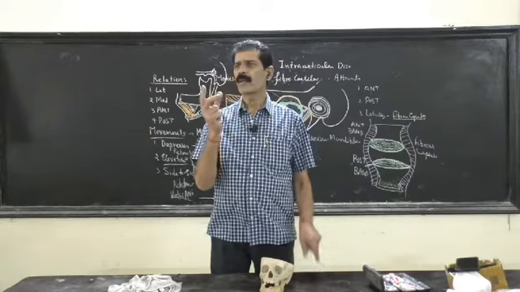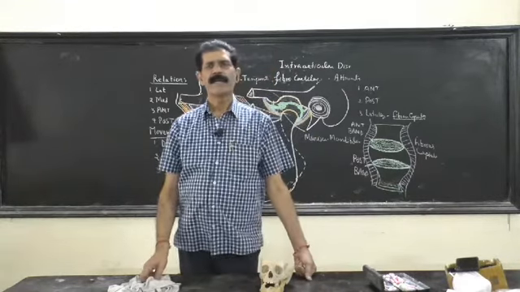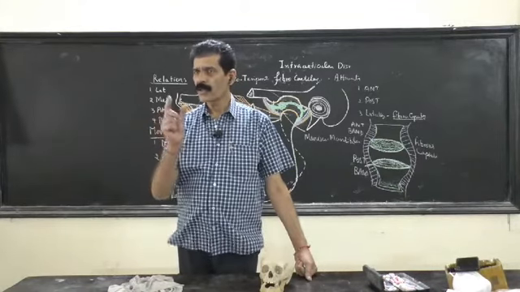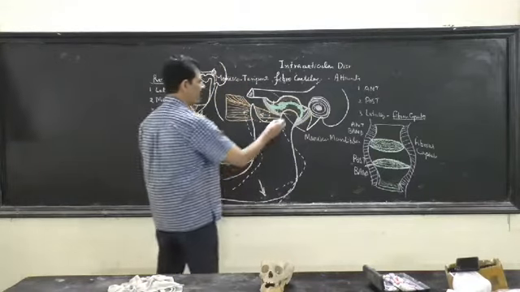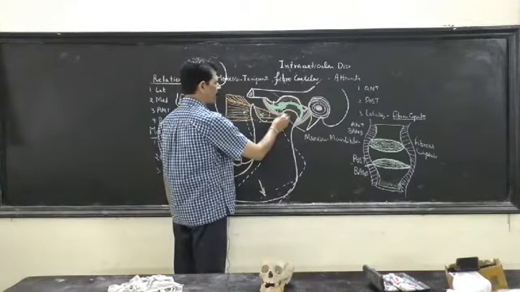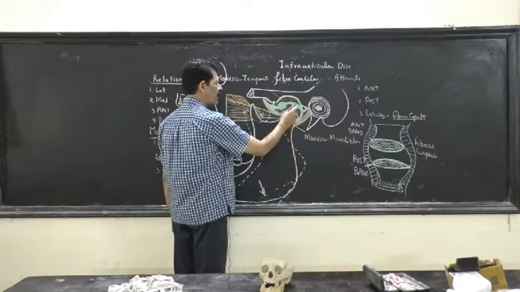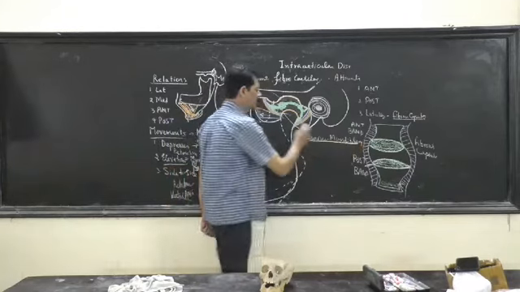So side to side movement is done by the lateral and the medial pterygoid muscles, and that is called rotatory movement. Here there is a rotation of the head, and this rotation of the head involves the lower, that is the menisco-mandibular compartment.